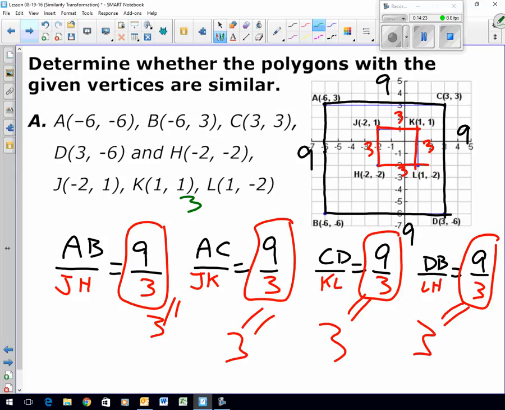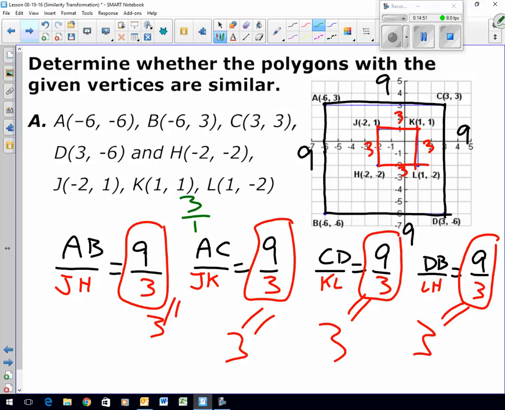If I started at these outside coordinates, A, C, D, and B, and I reduced my figure through a dilation to JKLH, what scale factor did I use? What would happen if it was 3 over 1? It would get bigger or smaller?